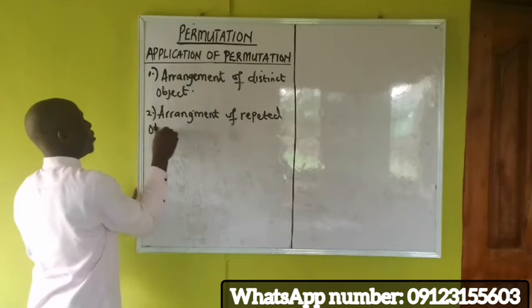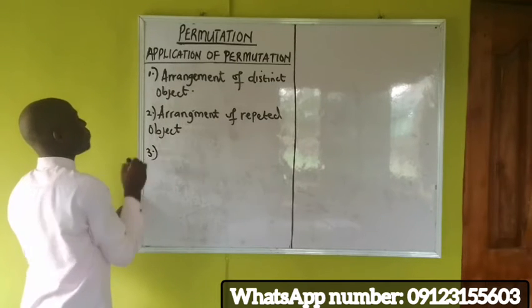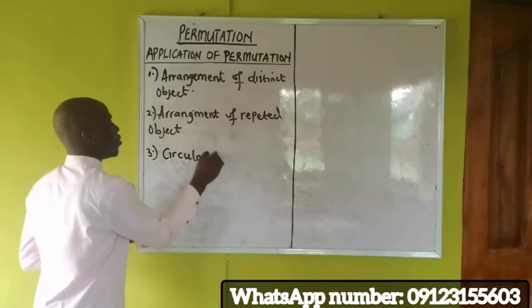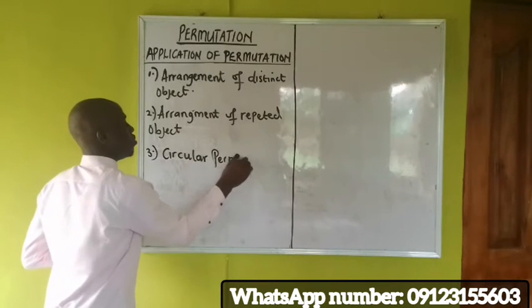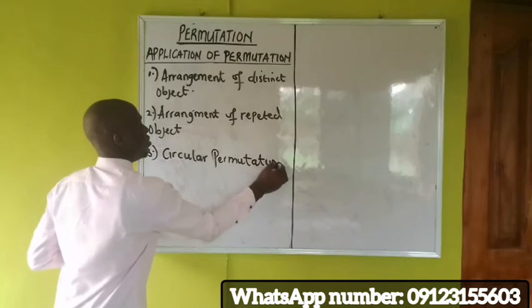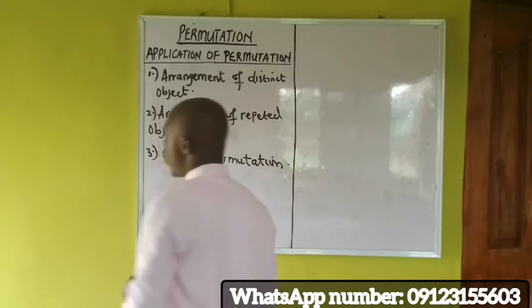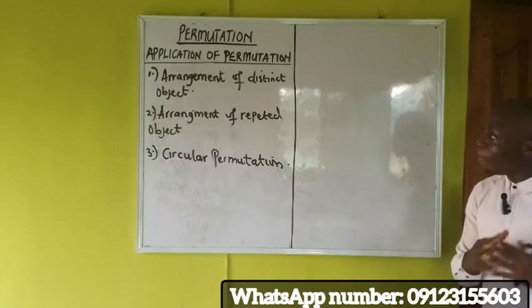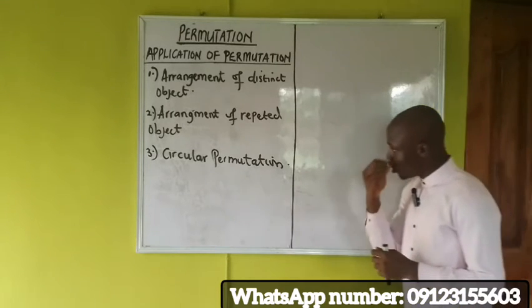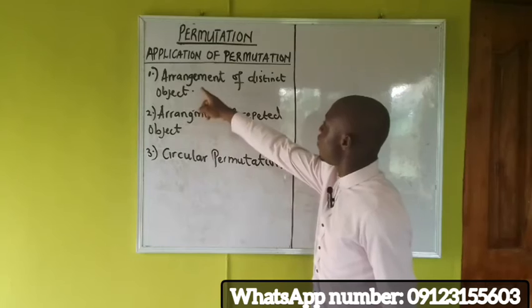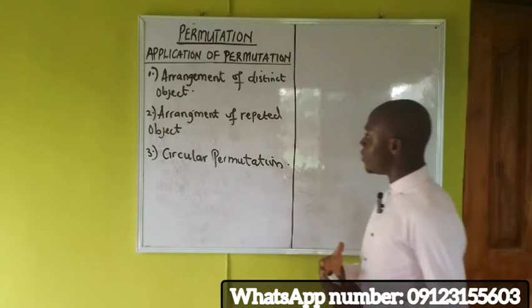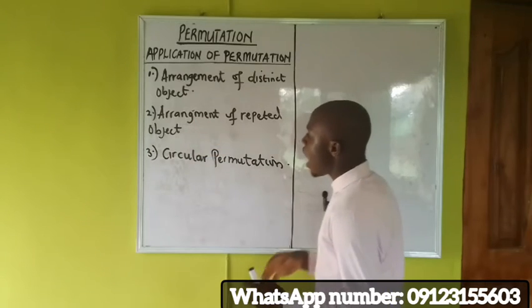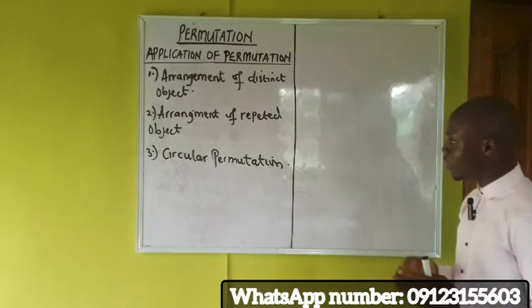Also, I have circular permutation. Alright, these are all the concepts we need to discuss under the application of permutation. First, we have the arrangement of distinct objects. Two, we have the arrangement of repeated objects. Also, we have circular permutation.